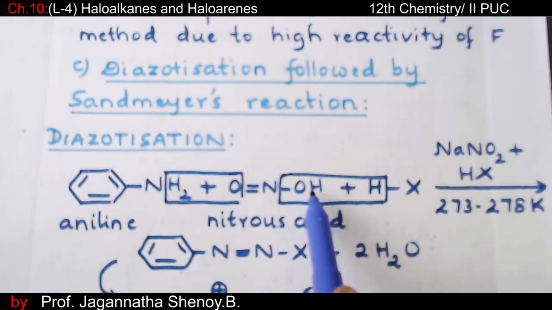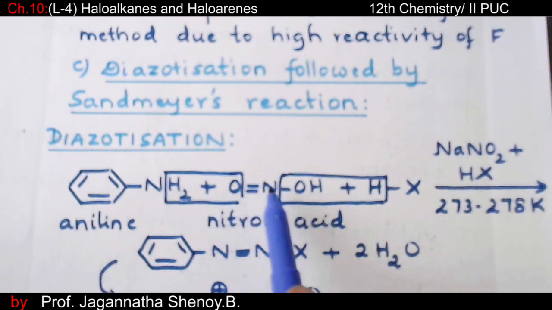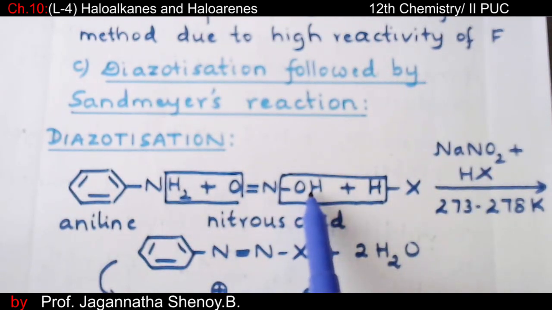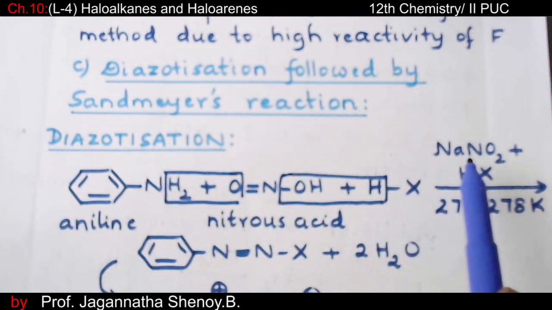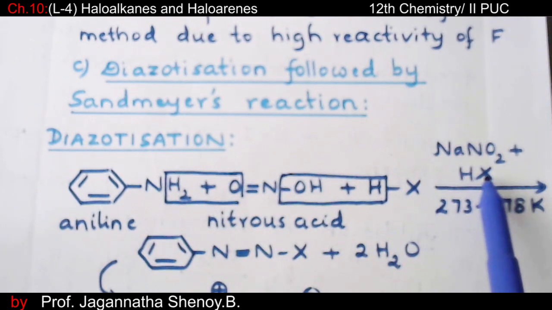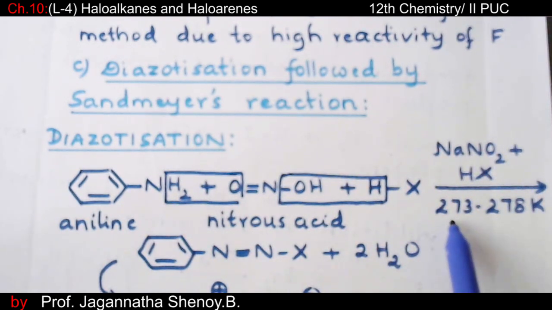What is nitrous acid? HNO2. We prepare this nitrous acid in situ. How? By considering a mixture of sodium nitrite, NaNO2, with HX. And temperature employed is very, very important here.